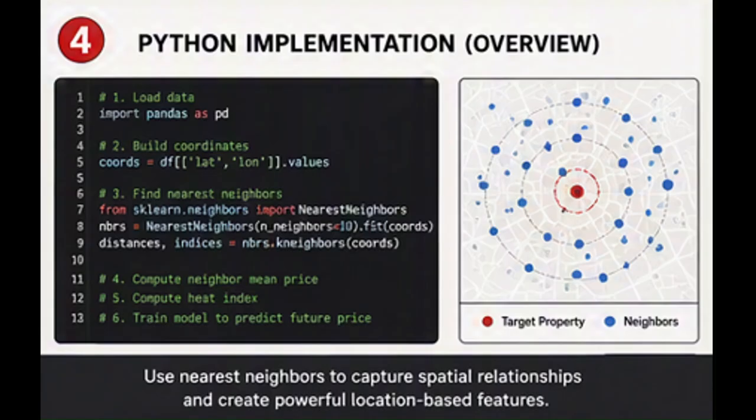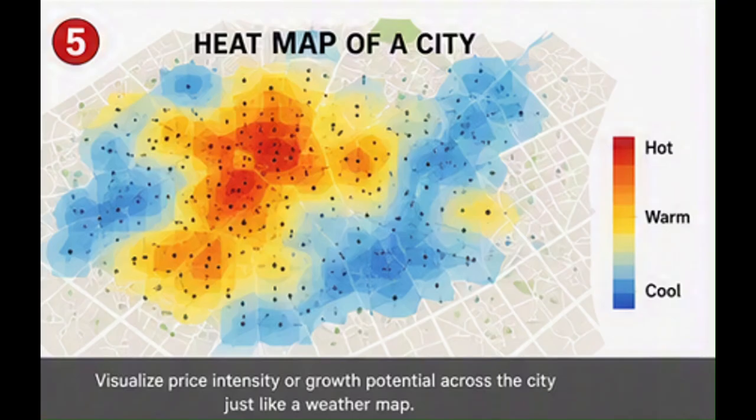You can implement this in Python, in fact, using your nearest neighbors model from the pandas library and the sklearn library as well. And you can thereby create a heat map of a city. In fact, if you know what the nearest metros are, metro lines will in fact raise the price of a property.